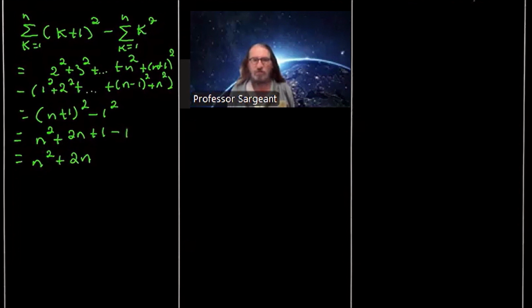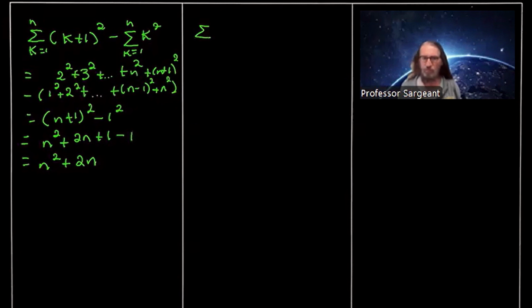Now let's count that same thing another way. Since our indexing is the same, let's collect the difference of those two sums into the sum of the differences.